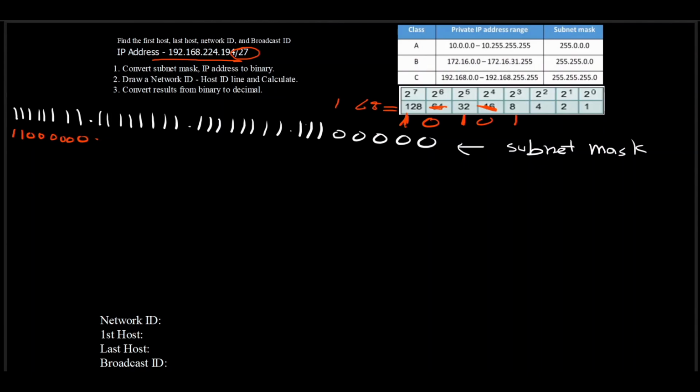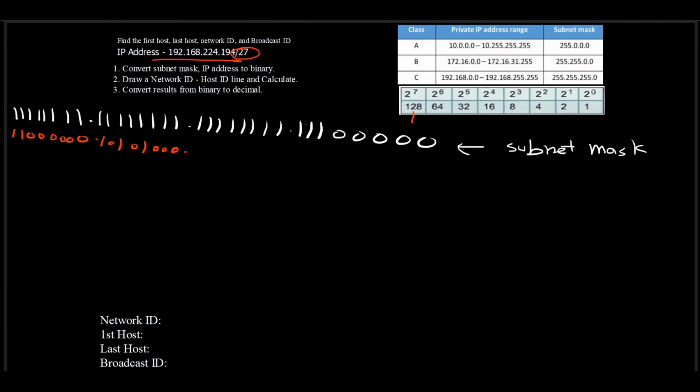The remaining would be zeros, right? So here it's going to be set to 10101000. Next, the third octet. It's 224.